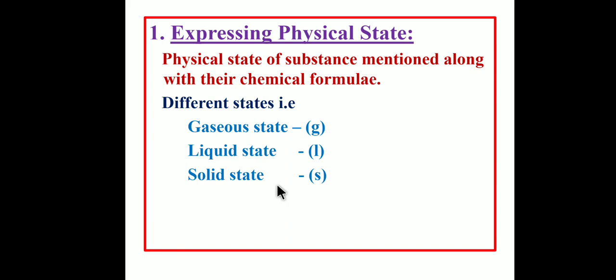S indicates the solid. Coming to the next, aqueous. Aqueous means any substance which is soluble in water. If a substance is soluble in water, we represent it as aqueous, AQ.